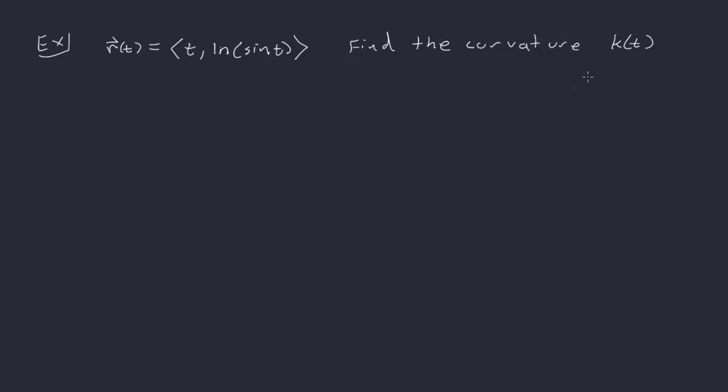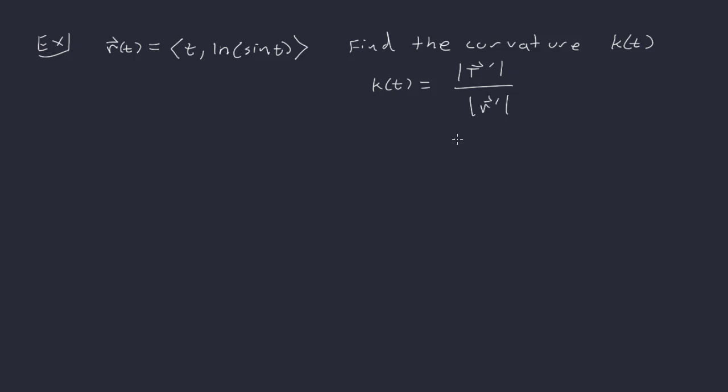Remember, I'm going to write down the formula again. It's the magnitude of capital T prime over the magnitude of r prime. And this is where things get kind of nasty, because this formula looks kind of inconspicuous, but it turns out at the end of the day being a real pain to deal with.